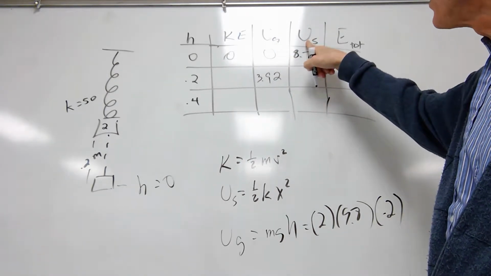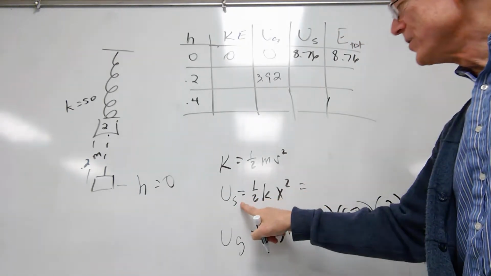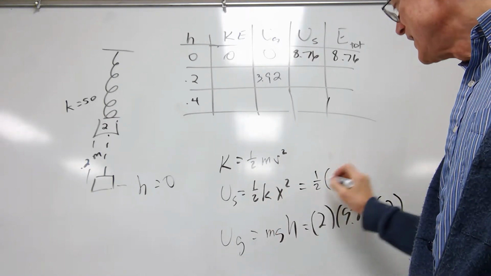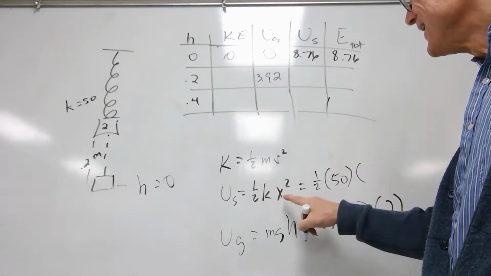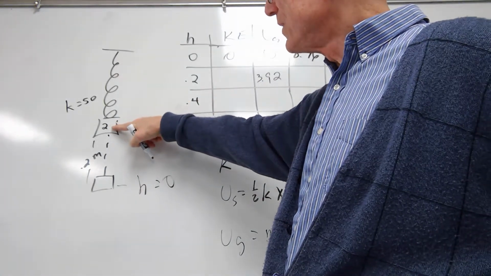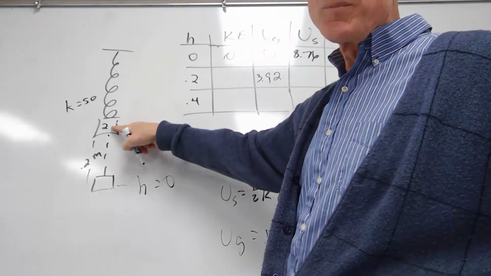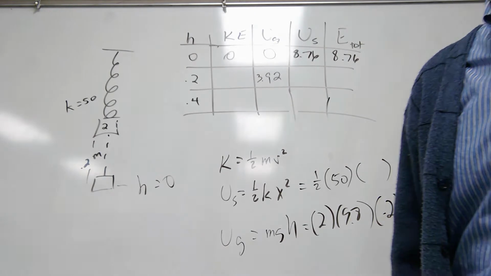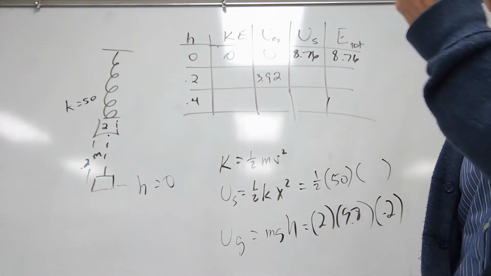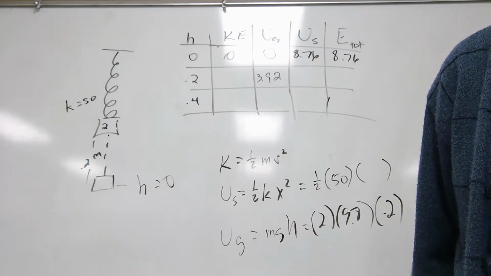Now, what about US? It has that as well. That's this number of potential energy due to the spring, and that will be 1/2 k, which is 50, times x. Now, the x, when it's at position 0.2, remember, x is the amount that the spring has been compressed or stretched, and that is something.